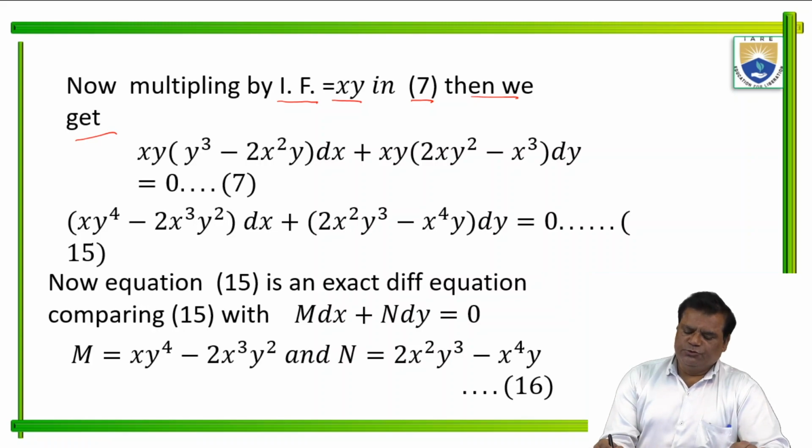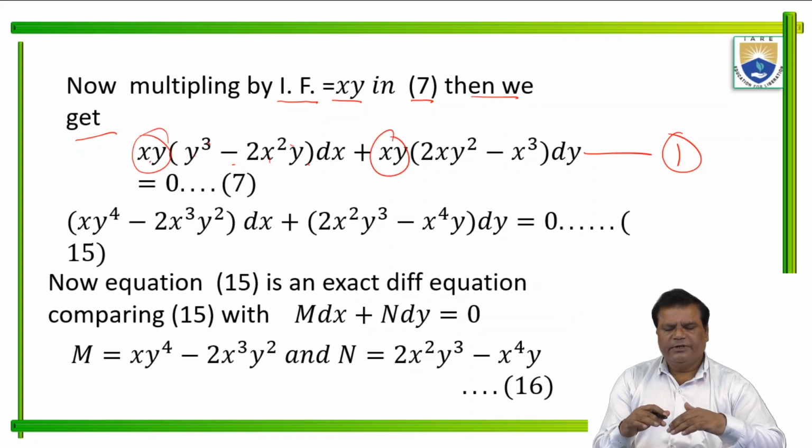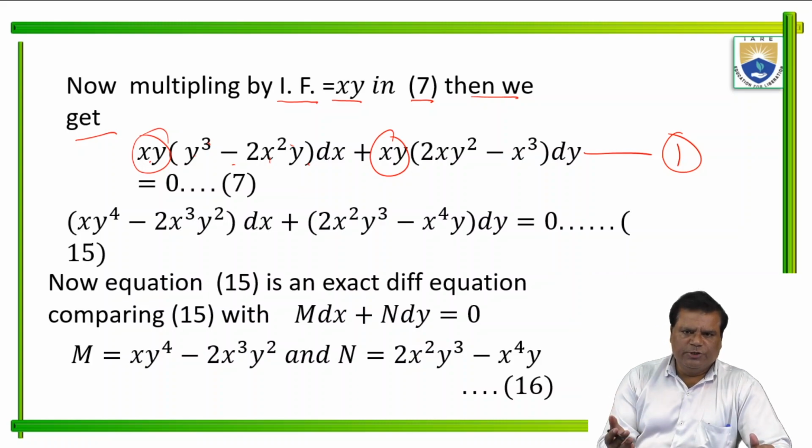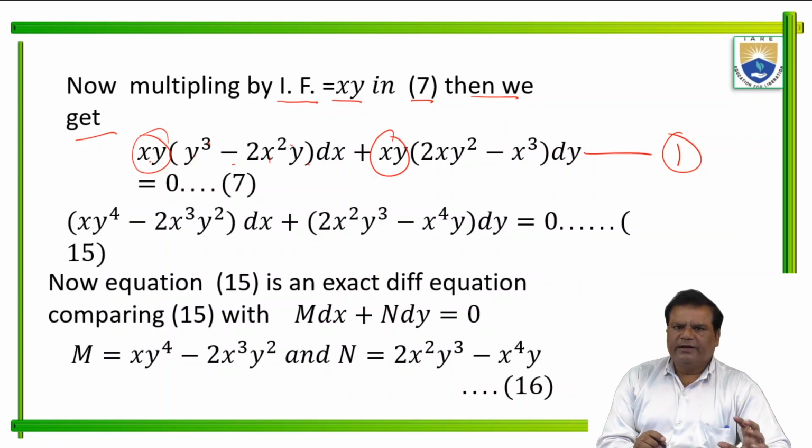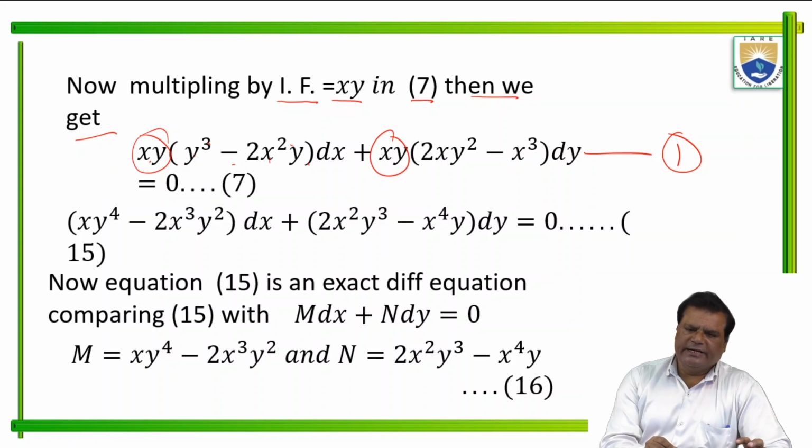Equation 7: xy multiplied by y cube minus 2x square y dx, plus xy multiplied by 2xy square minus x cube dy. At the start of the question, we took the integrating factor as x to the power h into y to the power k. Now at last we found the values of h and k and confirmed the integrating factor is xy.